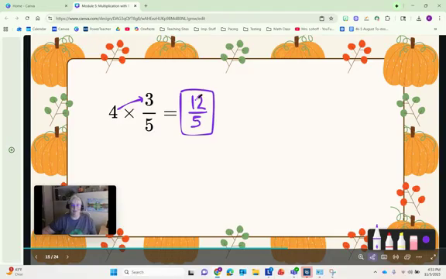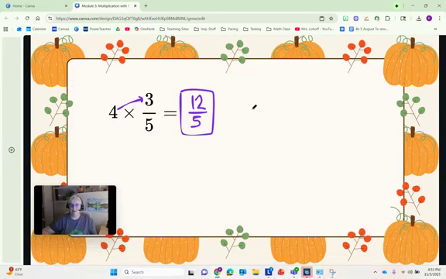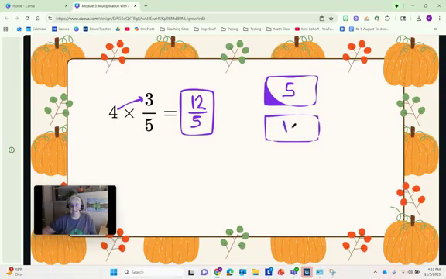If I have 12/5, how many whole groups have I made? Each group is going to have 5. So I'm going to draw it out. This is going to be 5. I need 12 pieces. This is going to be 10. And then I should put another 5.